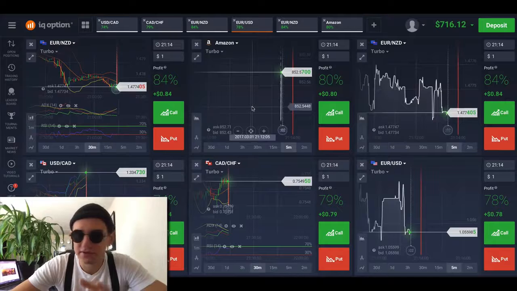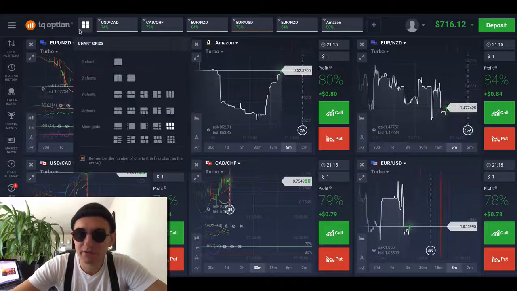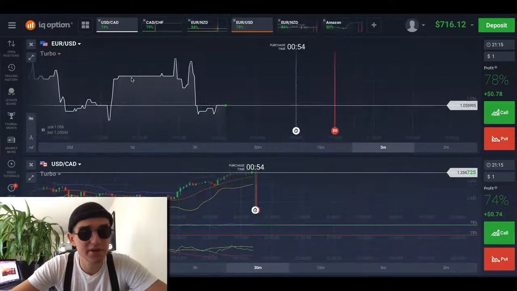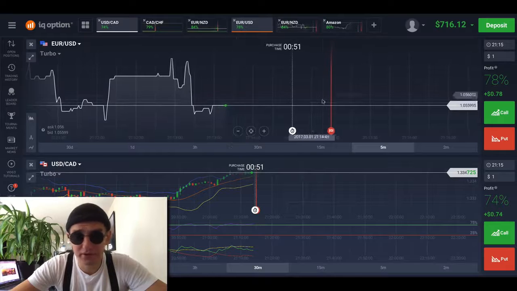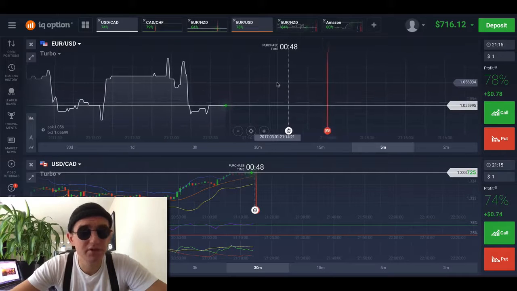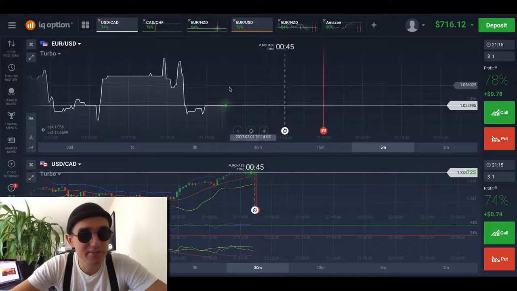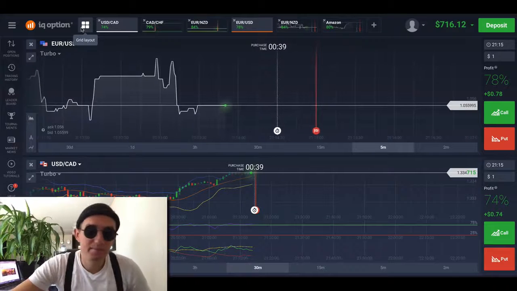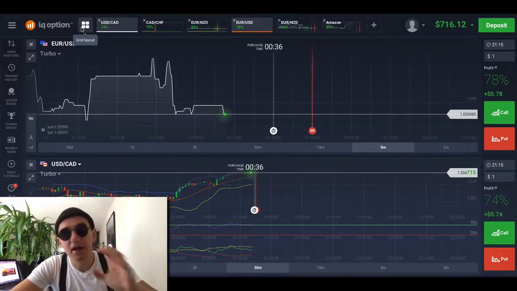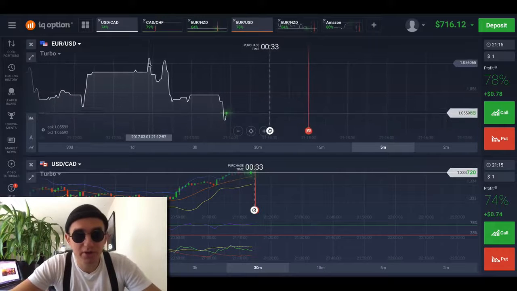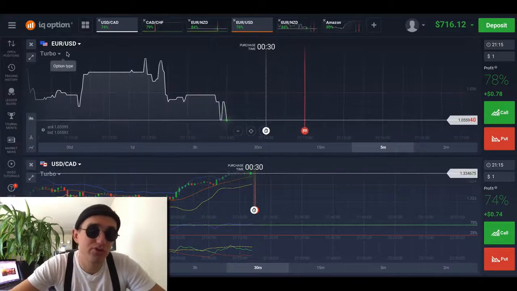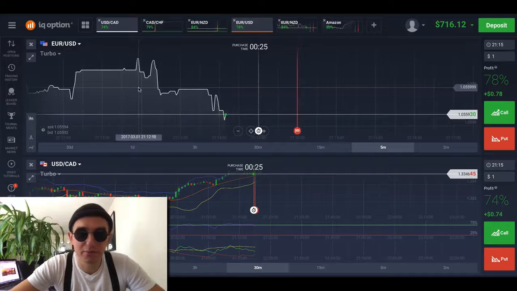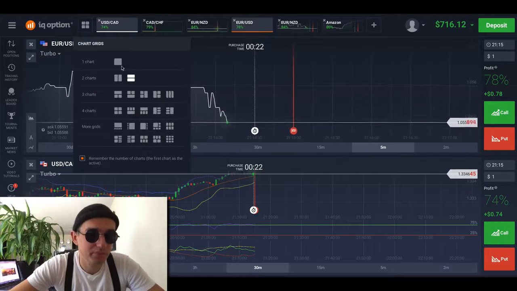Of course this doesn't look really useful, it's going to be really hard to analyze anything in this case, but if you have the two horizontal graphs, you can either follow two of the currency pairs, or you can set up a single asset twice and follow it in the longer and shorter time frame in order to see the trend that is going on, and also to be able to trade it on the short term.